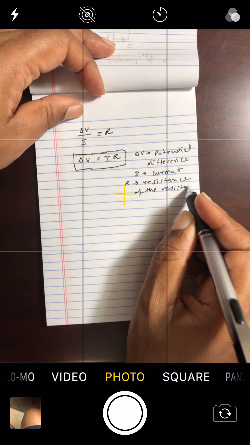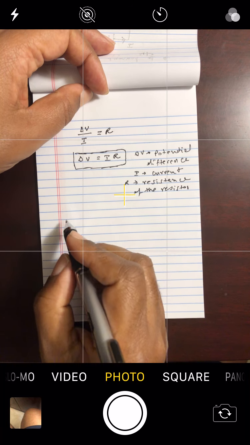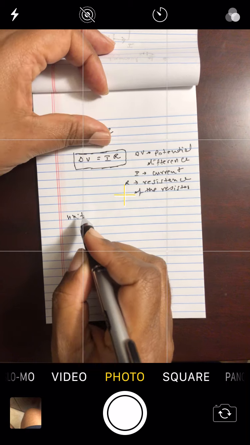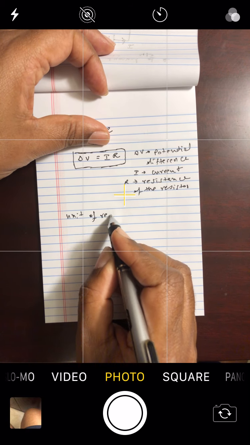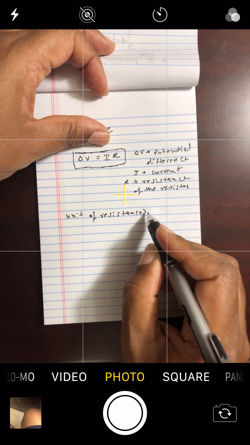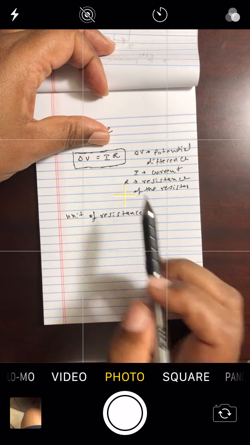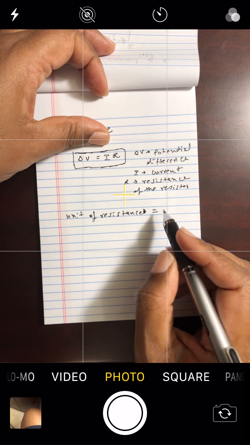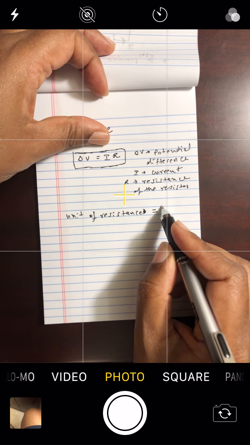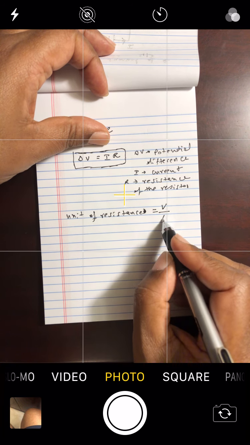Now let's look at the unit of resistance, or R. As you can see from this formula, resistance is potential difference divided by current. So this is the unit of potential difference, which is volts, divided by the unit of current, which is amps.